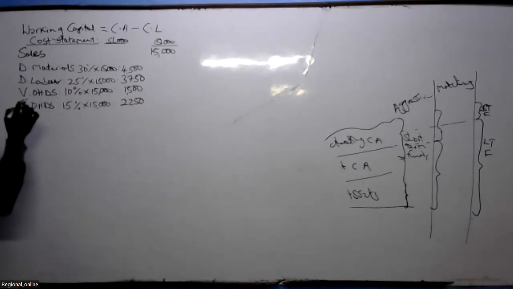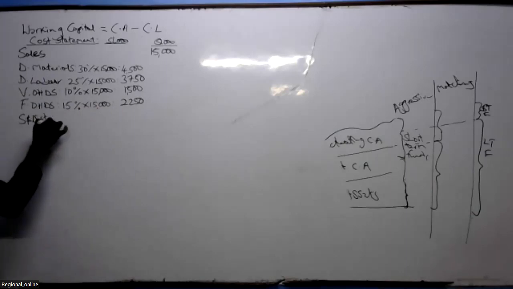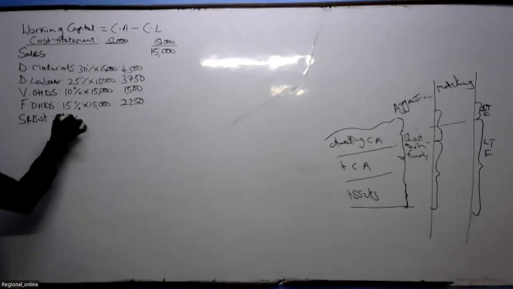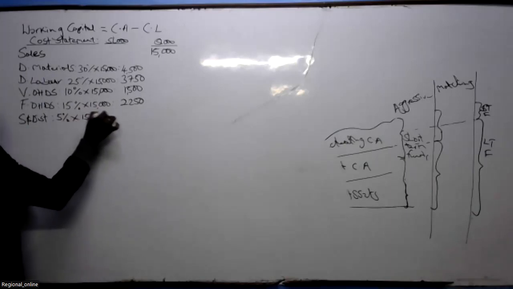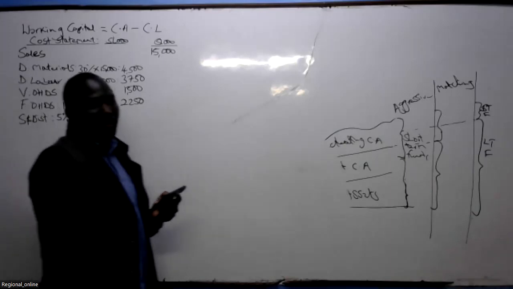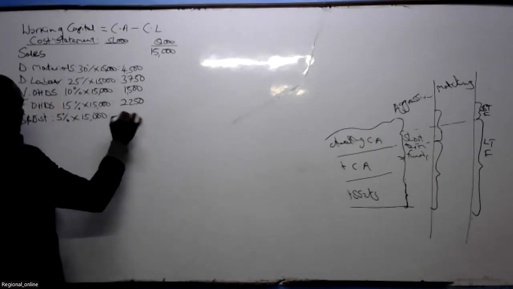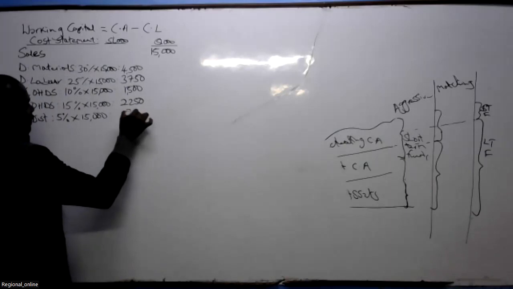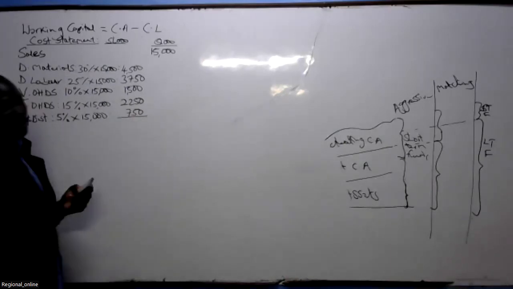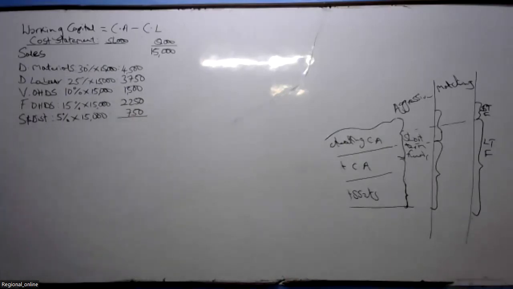Then of course we have selling and distribution, which is 5% of 15,000, giving us 750. So get the total expenses.